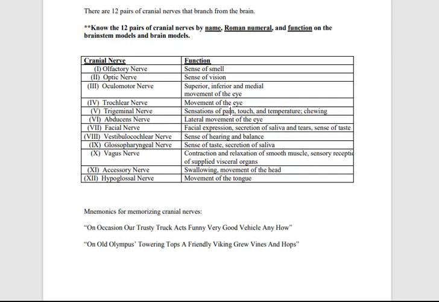And then of course for chewing. Alright, so anyway, those are the 12 pairs of cranial nerves. So you have 2 of them, 1 for each side. Remember, you got 2 hemispheres. So you've got pairs of cranial nerves, and they have Roman numerals and names, and this is what they do.